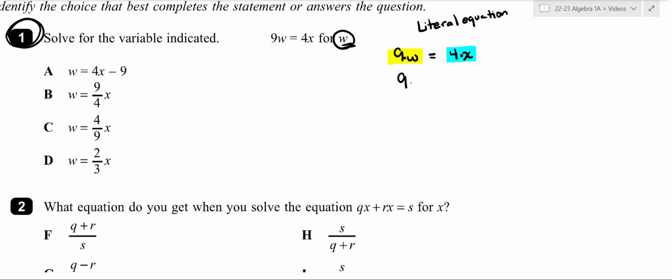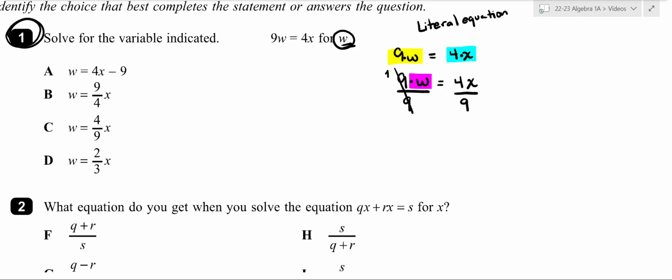All right, so 9w equals 4x. This is the variable that we want by itself, but this variable is currently being multiplied by 9. How do we undo multiplication by 9? We have to do division by 9. So we're going to divide the left by 9, and we're also going to divide the right by 9.